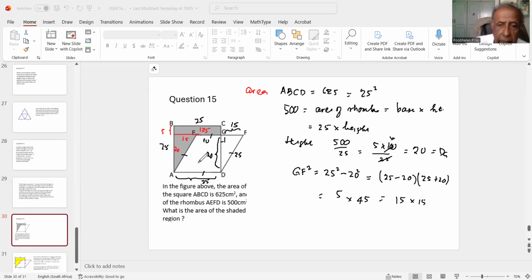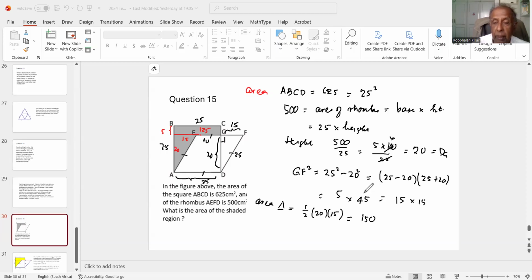So the area of the triangle, it's a right angle triangle. And so it's very easy to calculate. It's half base times height. So it's half times 20 times 15. 20 times 15, and that's 300 divided by 2, 150.